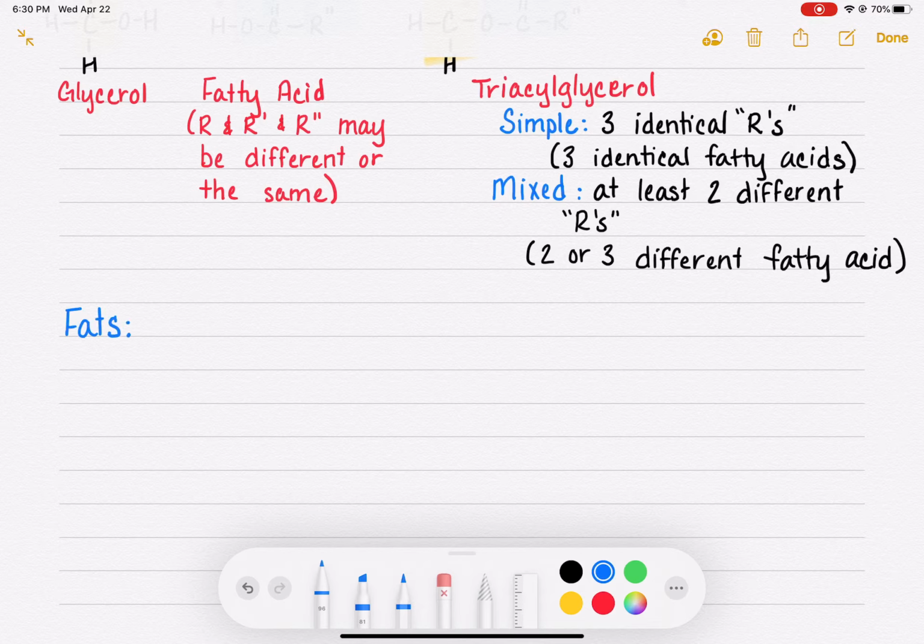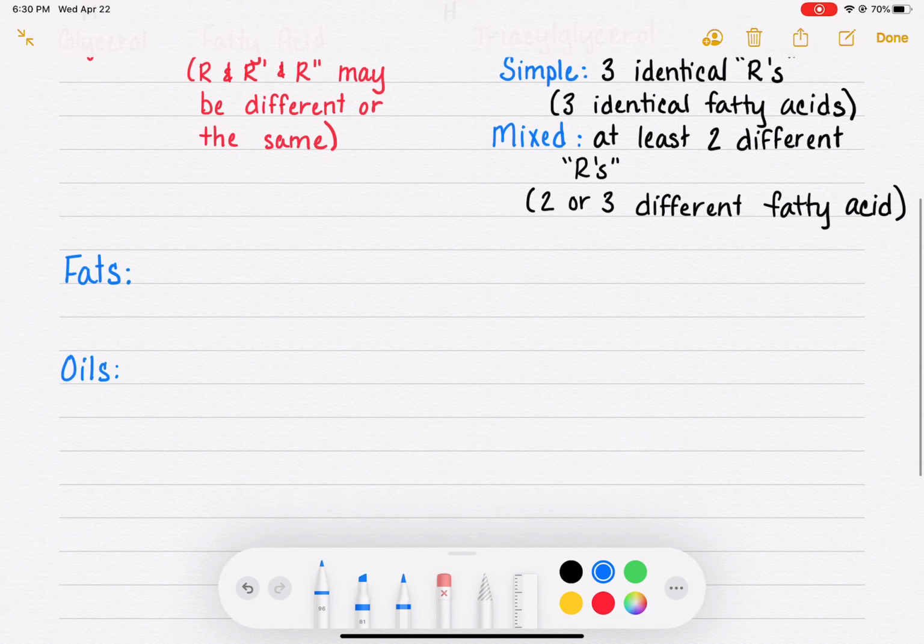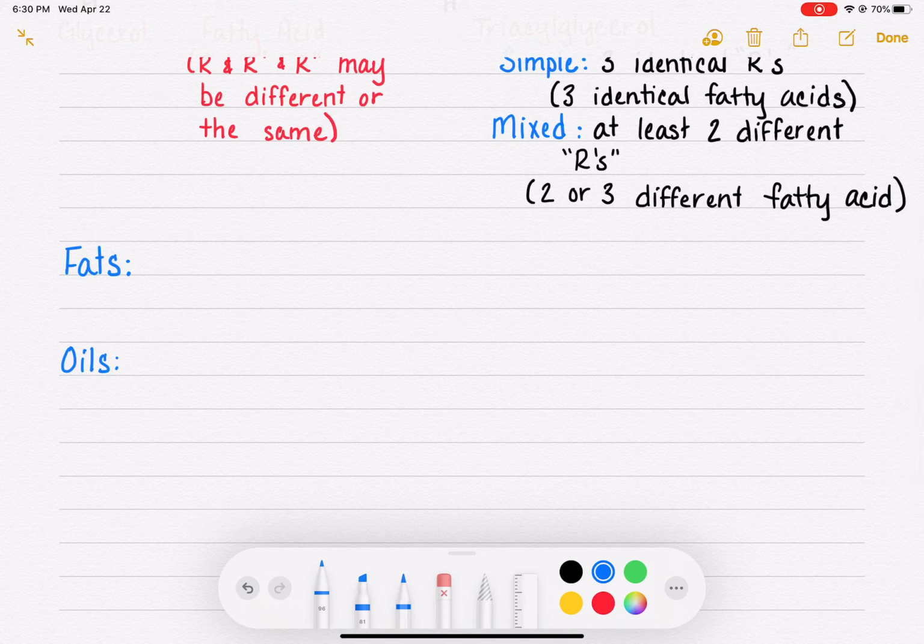Although in chemistry, in science, fats and oils are pretty much identical. They are all triacylglycerols. They all have the same general structure. So I'm going to distinguish fats versus oils for you, but just keep in mind that this is really kind of a wishy-washy definition. It's not really easy to classify something scientifically as a fat versus an oil.